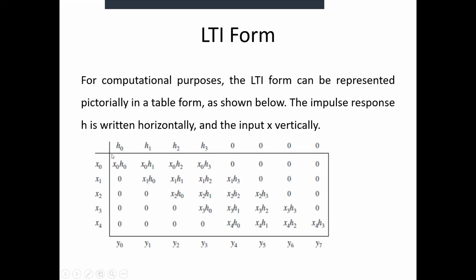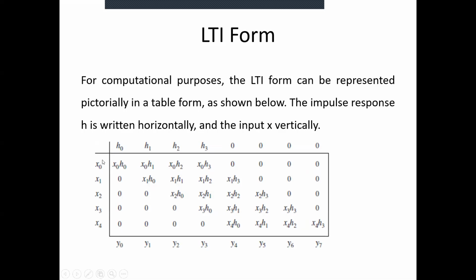Now, after doing that, we may reconstruct a new table, or a new matrix, by which we can calculate the convolution between these two signals. Please look at the table. I'm going to talk about very important points now.